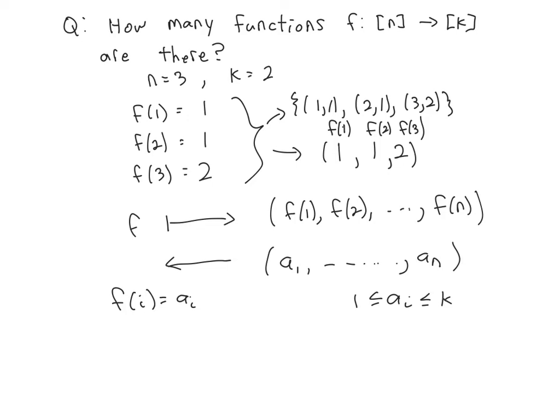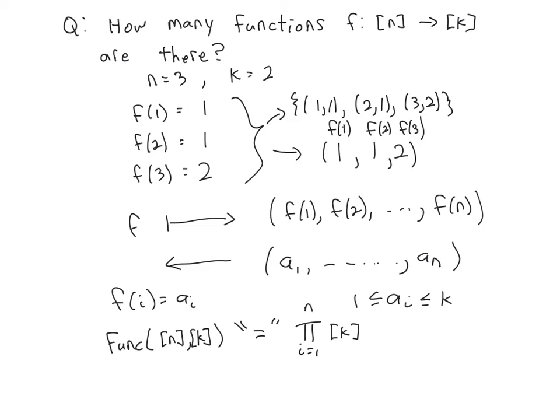And so, at least in the case when the domain is the integers 1 through n, we see that the set of functions from n to k is essentially the same thing as a Cartesian product. For each element in the domain, you have to pick one element in the codomain.